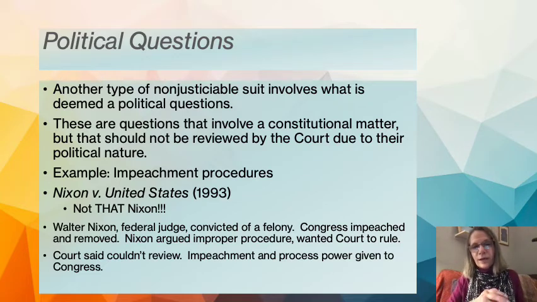So that's a good example of some cases where the Supreme Court says, yes, it deals with the Constitution, but that's a constitutional power given to Congress, and we're not going to get involved in that.